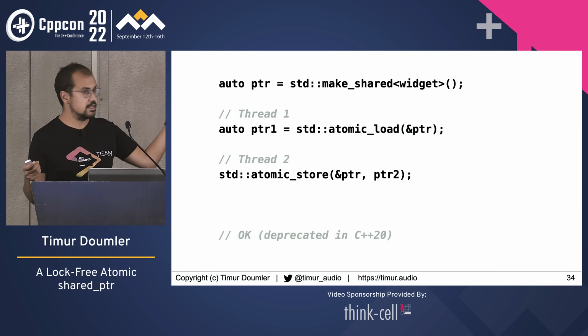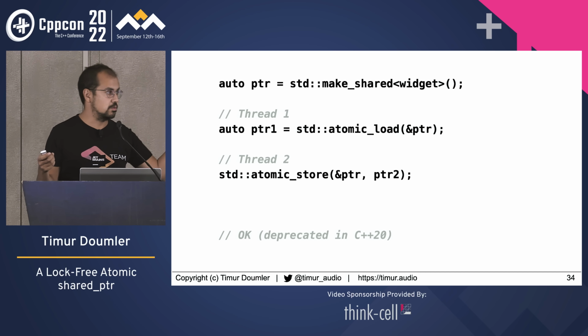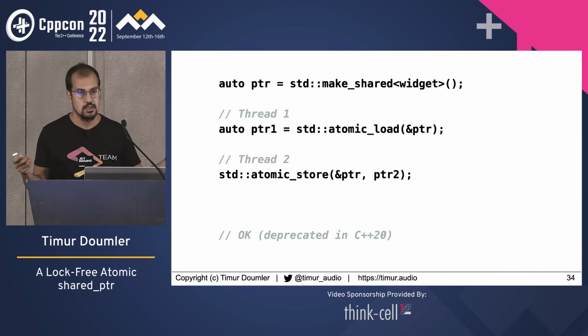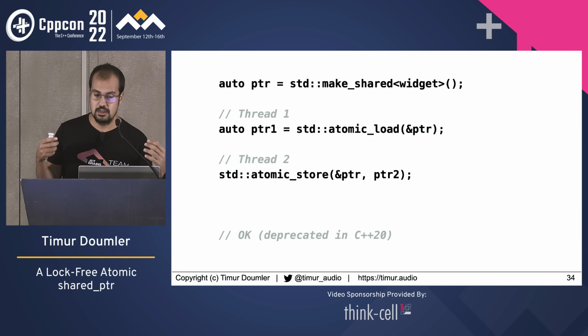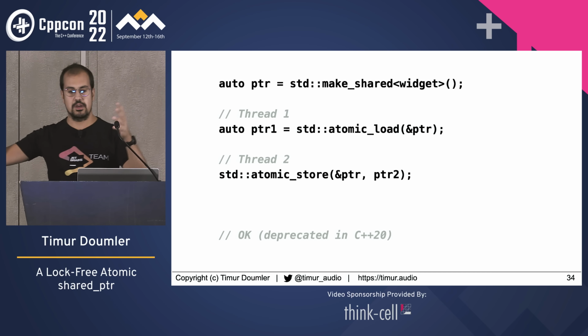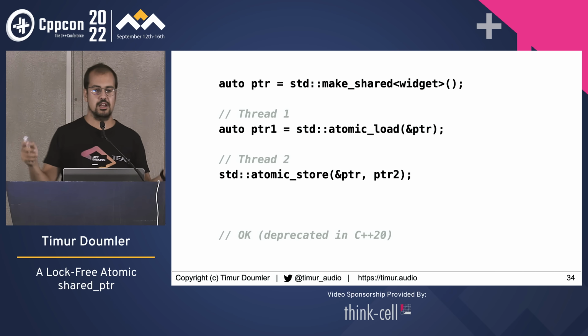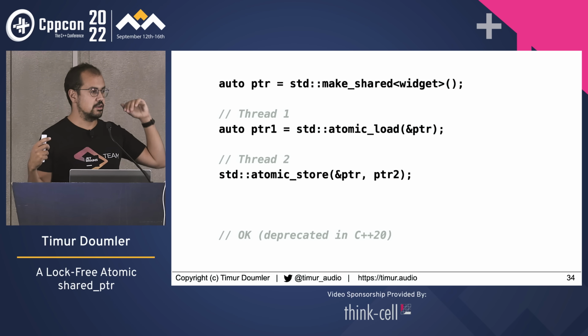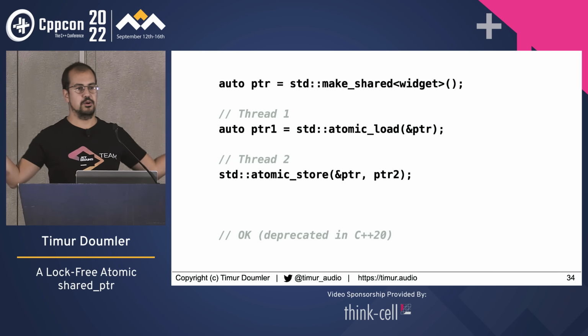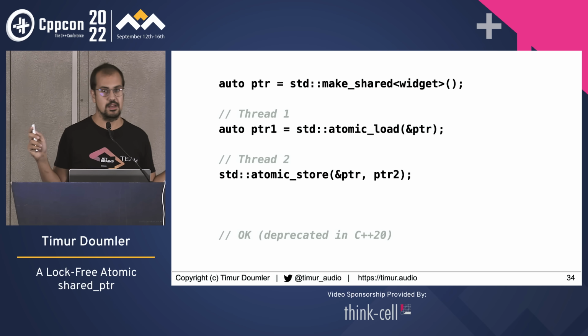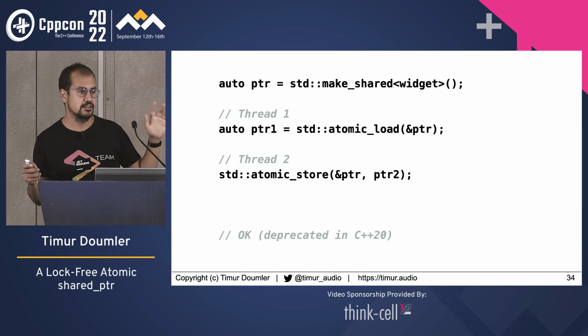But if you have a freestanding function which needs to be able to work with any shared pointer, you can't do that. So you only have bad options. You can either have some kind of global table where for every shared pointer you have a mutex and you need to do this lookup, or you can just have a global mutex for all the shared pointers in the world, which is apparently how some implementations actually implement this.